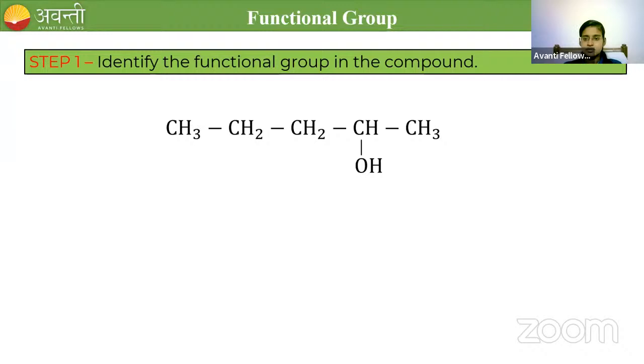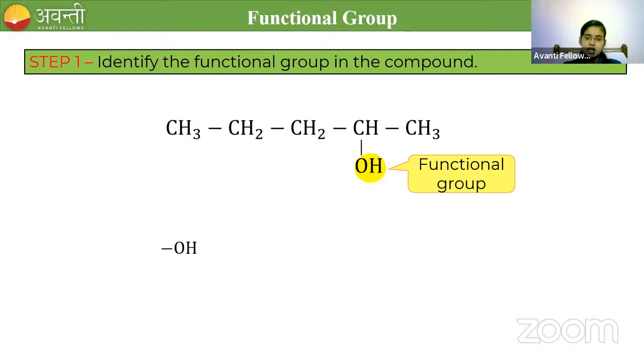Now let us go for step number 1. While naming the compound, step number 1 that you have to follow is identify the functional group in the compound first. So let me take one compound for you. So here we have one functional group. OH is the functional group, right?